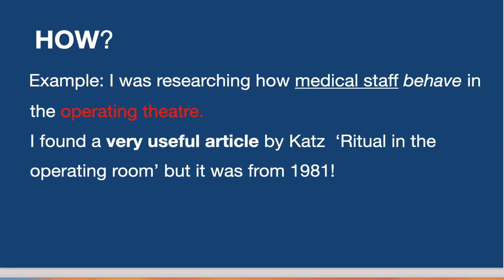Well, I'm going to use an example of my own that I was researching a few weeks ago when I was looking at the question of how medical staff behave in the operating theatre. And I found a really useful article by Pearl Katz called Ritual in the Operating Room, but it was over 40 years old, published in 1981.